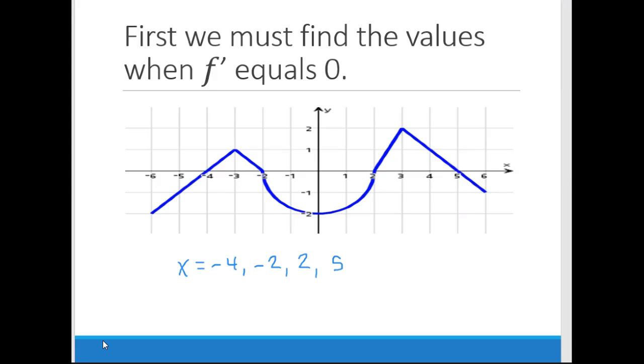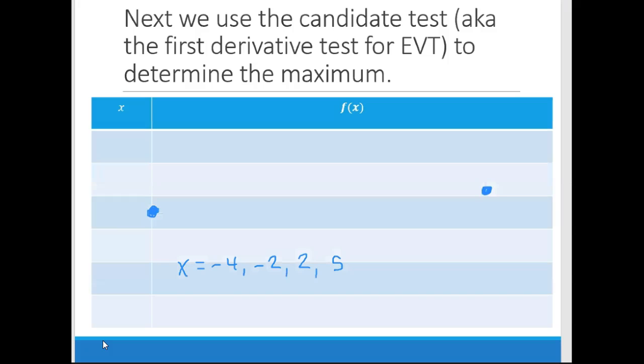Now, we also need to consider our endpoints, because endpoints can also represent extrema. So the zeros of the derivative are -4, -2, 2, and 5, and the endpoints are -6 and 6.